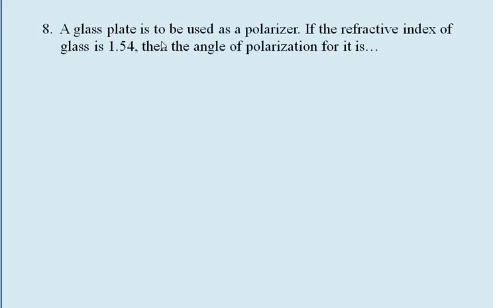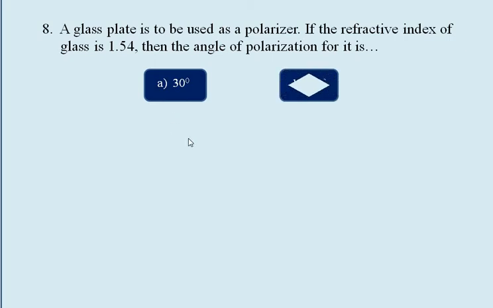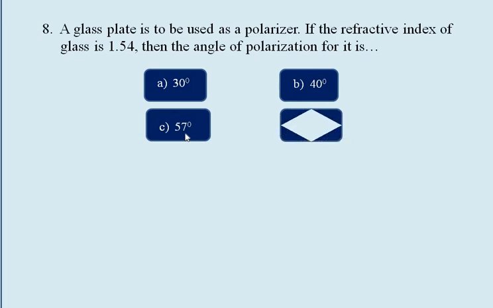A glass plate is to be used as a polarizer. If the refractive index of glass is 1.54, then the angle of polarization for it is: option A 30 degree, option B 40 degree, option C 57 degree, option D 60 degree.